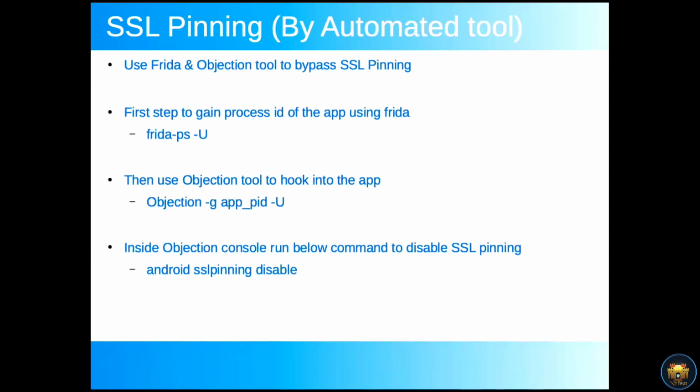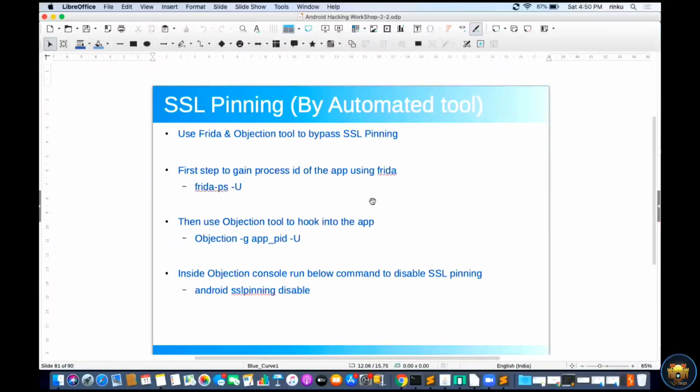So for SSL pinning, here I will use Frida and the objection tool again. The first step is the same: we need to gather the process ID of the application, and after that use the objection tool to get inside the application using the app PID, and then run the command android sslpinning disable. This is the simple method you can try. So let's go to the demo part.